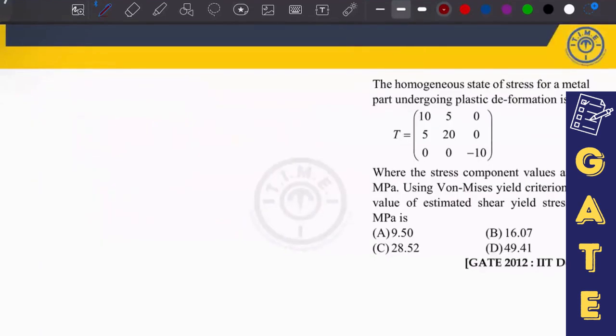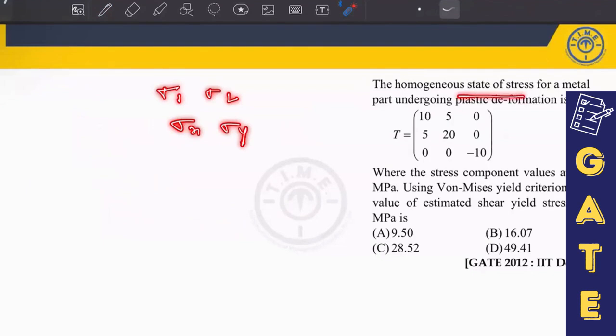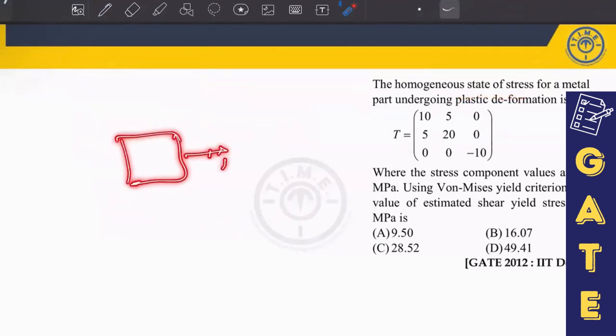Now read this question carefully. I have talked about how they can give you sigma 1, sigma 2 or sigma x, sigma y. The other format is they can give you the state of stress as sigma x, sigma y and tau xy, or otherwise in the form of a stress tensor. So this is called a stress tensor.